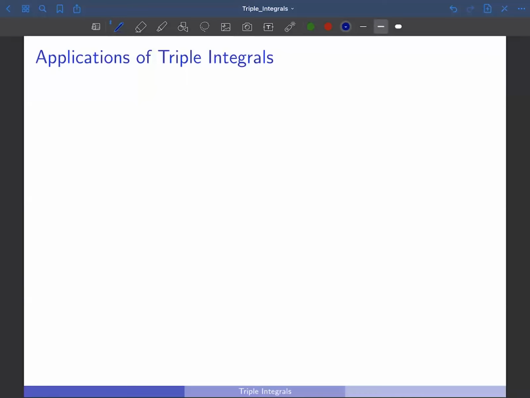In this video, we'll talk about an application of triple integrals. One thing that we should note is that the corresponding interpretation of a triple integral over the region E of f of x comma y comma z times dV, where f of x comma y comma z is greater or equal to 0, is not useful.